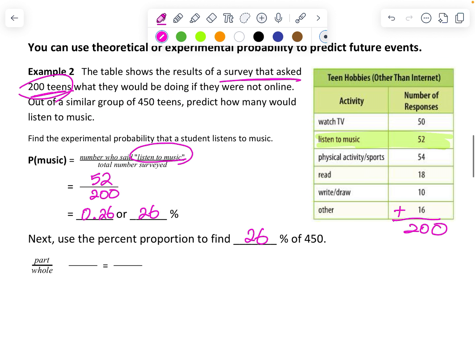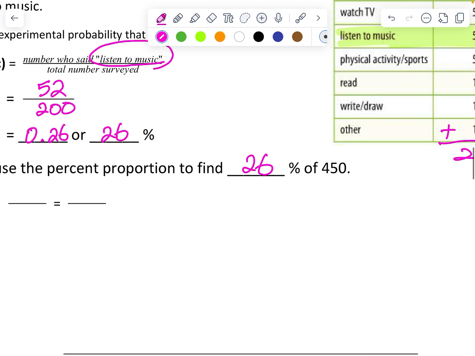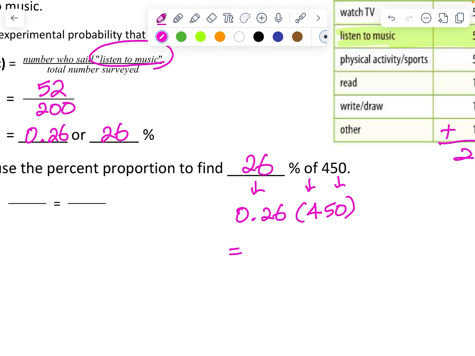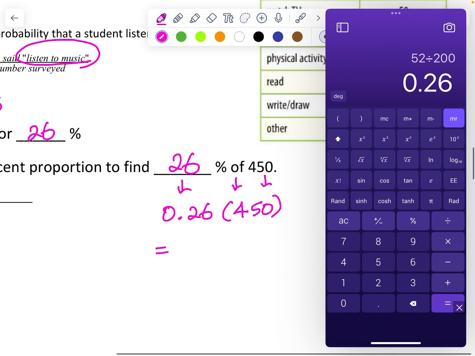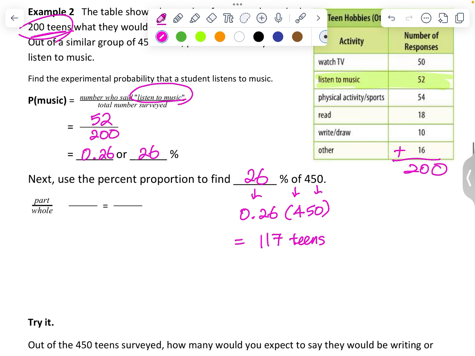I want to figure out 26% of 450, so 0.26 of 450. I think this is so much easier than doing the proportion. So 450 times 0.26 comes out to 117 teens who listen to music out of 450 people.